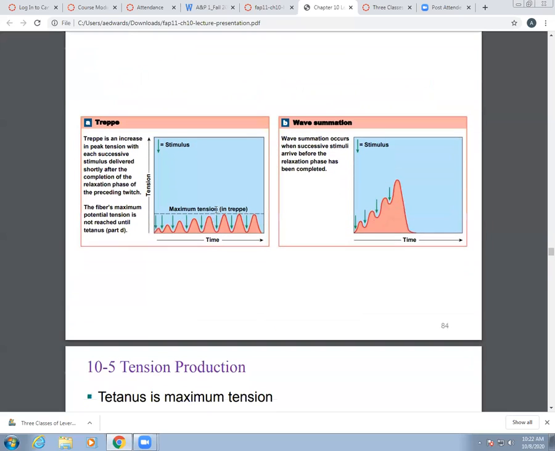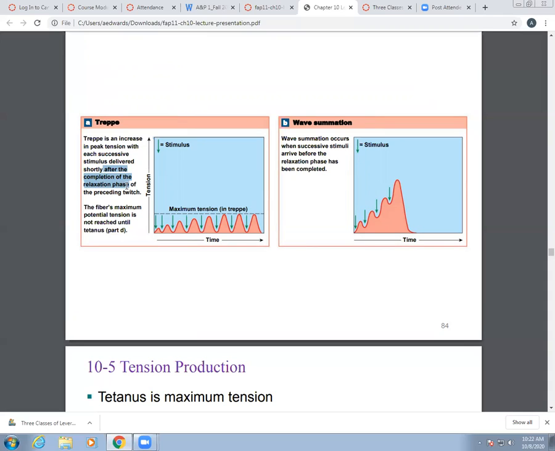So here's comparing treppe versus wave summation. Treppe is an increase in peak tension with successive stimuli, and it's delivered after the completion of the relaxation phase. Okay, that's the key: after the completion of the relaxation phase.